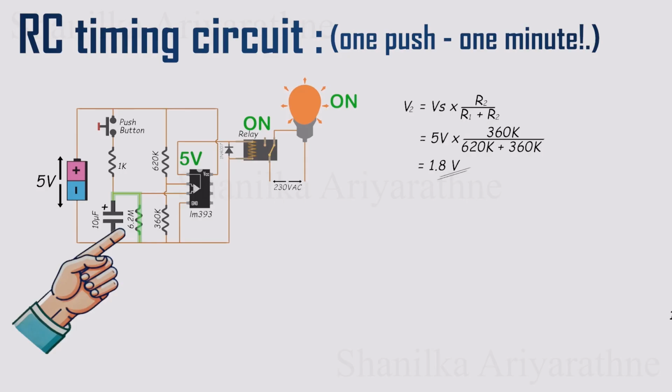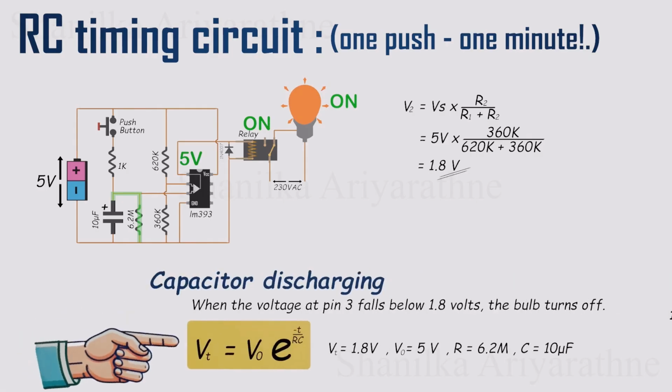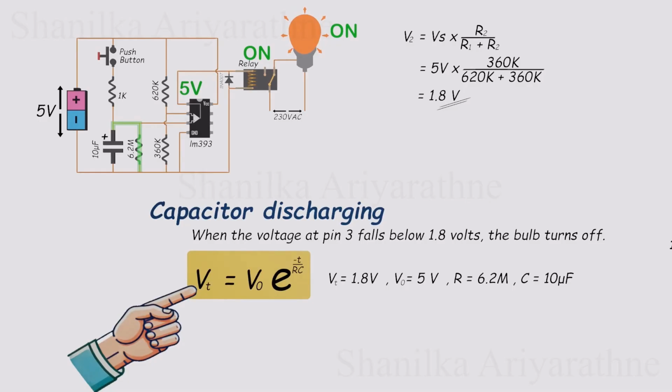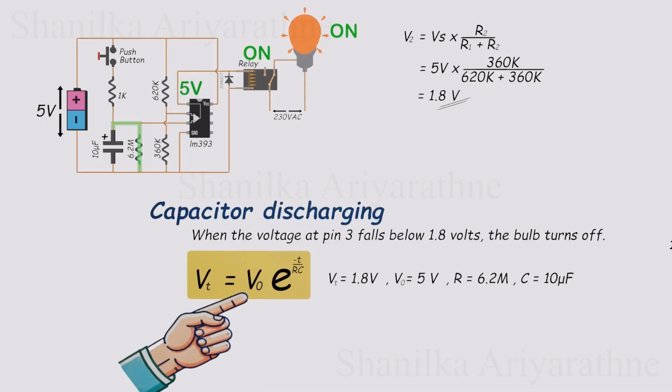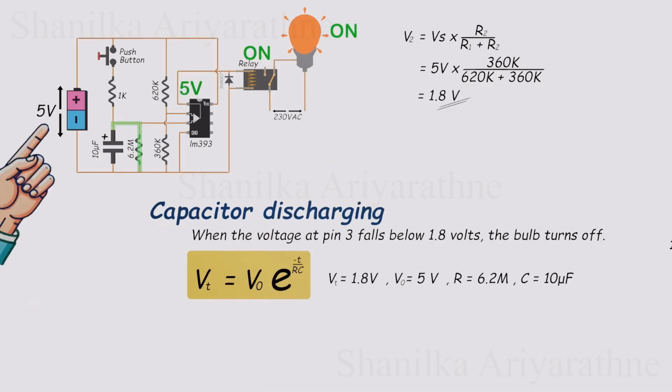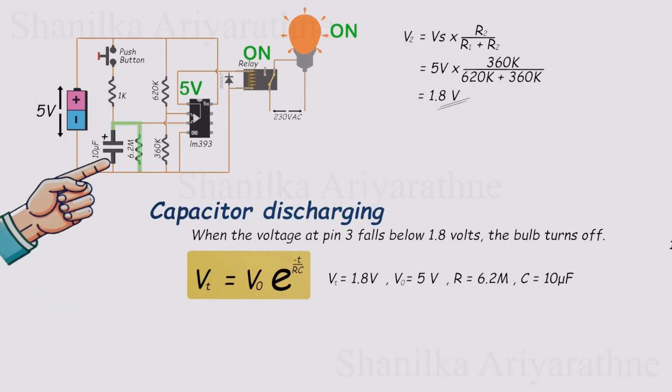To find how long it takes a capacitor to discharge from an initial voltage to a specific voltage, I'll use the capacitor discharge equation. Here, Vt is the voltage we want the capacitor to discharge down to. That's 1.8 volts. V0 is the initial voltage, which is 5 volts. The resistance R is 6.2 megohms, and the capacitance C is 10 microfarads.